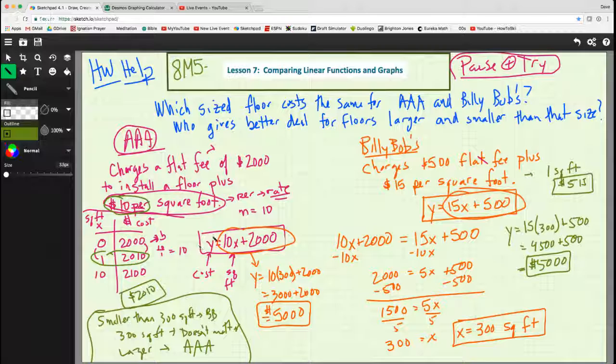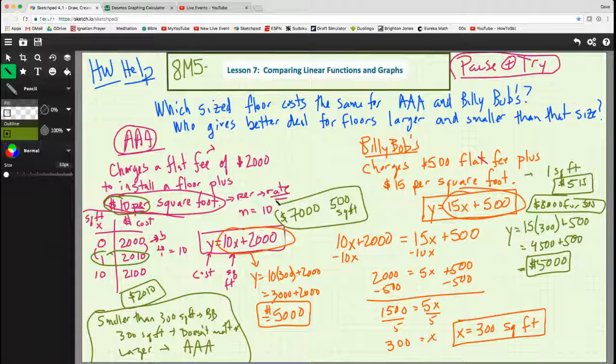And you can verify that for yourself. Why don't you try plugging in 500 square feet to both equations, and I think you'll see that AAA is going to be the better deal. They're going to charge you $7,000 for 500 square feet. And Billy Bob is going to charge you $8,000 for 500 square feet.